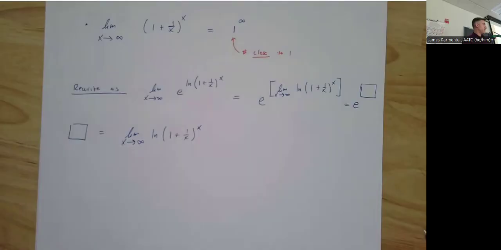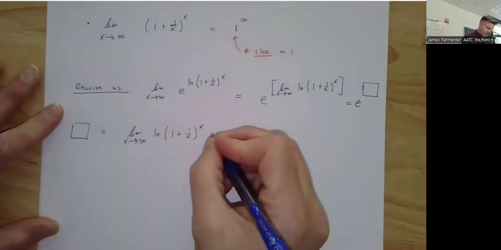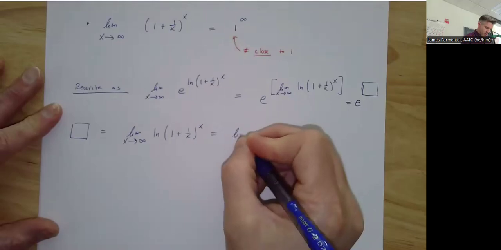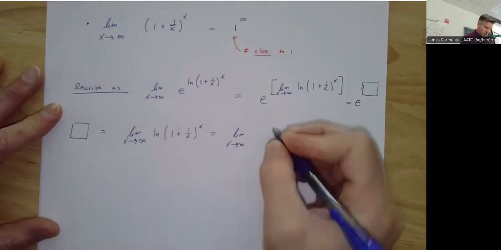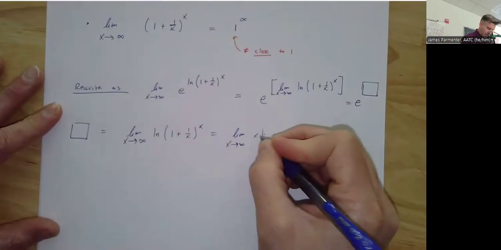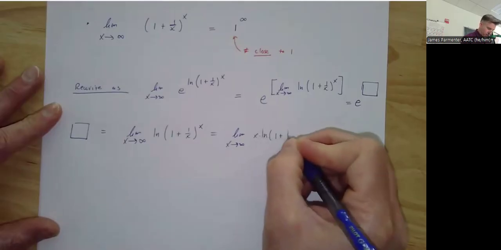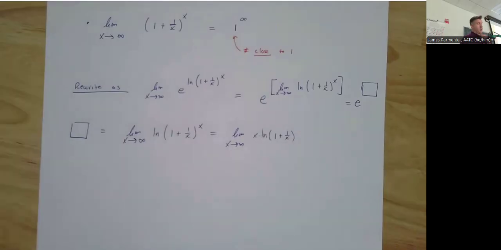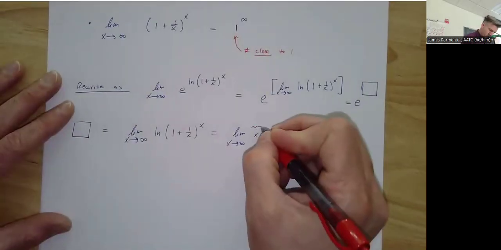So then here's the process. And this is always the process after you've done this natural log thing. The exponent part gets to come down in front, and then usually comes down to the denominator as its reciprocal. So we're going to rewrite this as the limit as x goes to infinity of x times the natural log of 1 plus 1 over x. At this juncture, we have an infinity times 0, right? X is going to infinity.